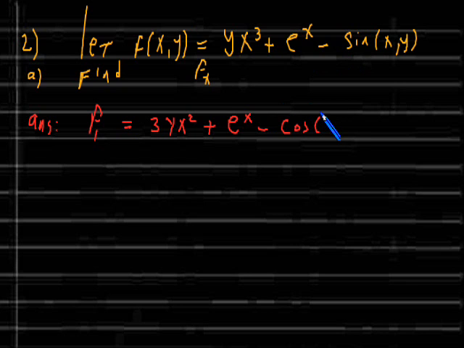minus the derivative of sine is cosine, minus cosine of x times y. I actually wrote this incorrectly there. This is not x comma y, this is x times y. Okay, times the derivative of this here in respect to x. This is x times y. Let me see if I can actually change that, because I don't want you to get confused later on.